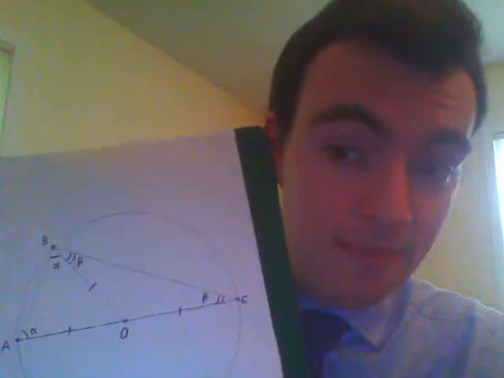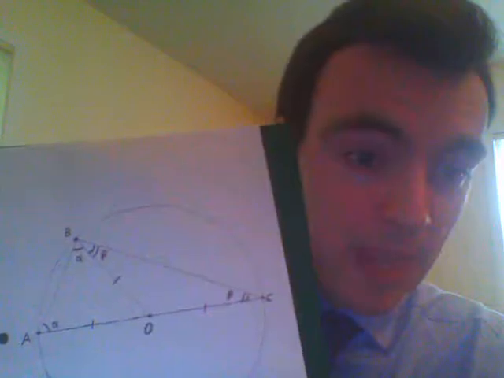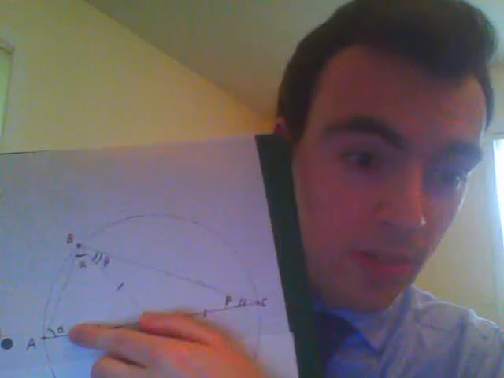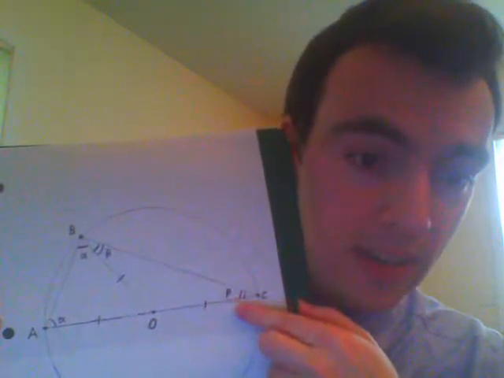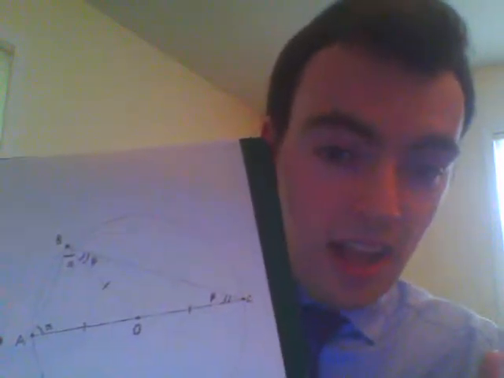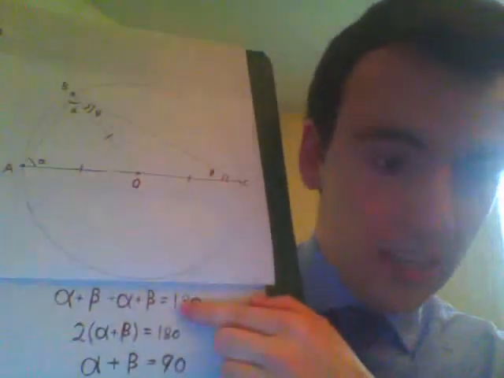Also, in addition to that, as we said before, the sum of the angles of any triangle is 180. And now we know that the sum of the angles of this big triangle is alpha, the measure of angle A, plus beta, the measure of the angle at C, plus alpha plus beta, which is the angle at B. So that's algebra, and we can write it like this: alpha plus beta plus alpha plus beta is 180.